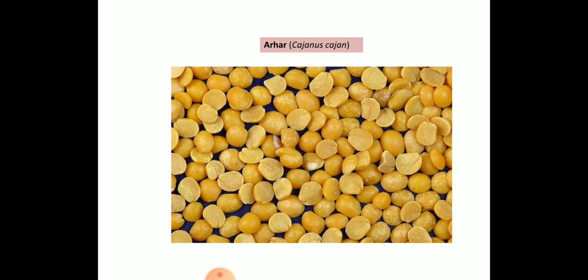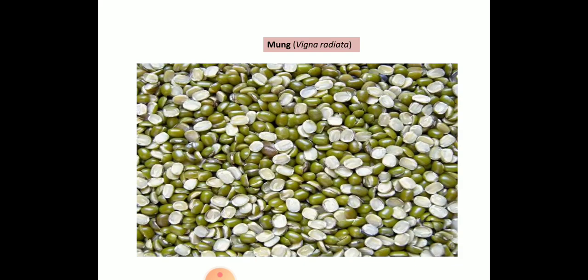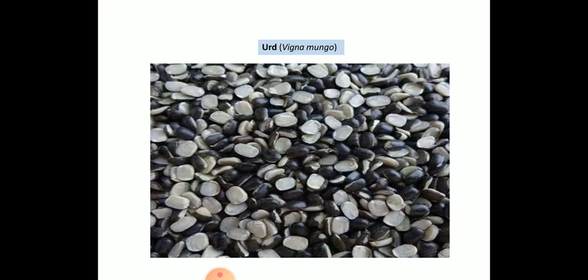One crop is Cajanus cajan, mainly used as a source of protein-rich substances. The next one is Cicer arietinum, generally referred to as kadale. Next is Vigna radiata, this is hesaru, and Vigna mungo, this is uddu.